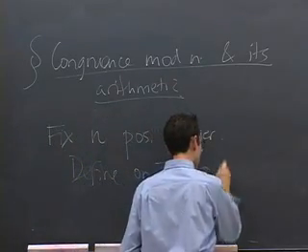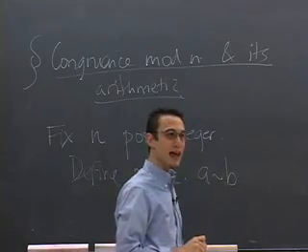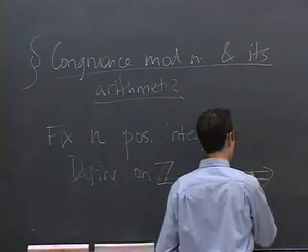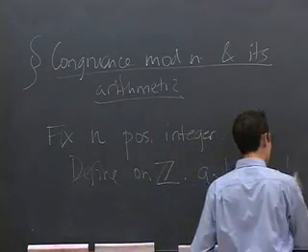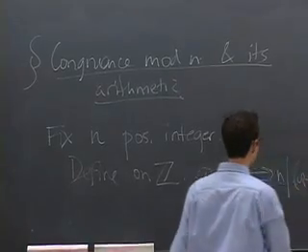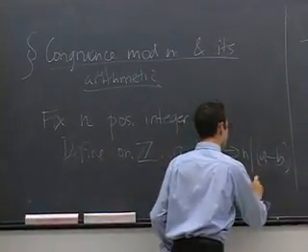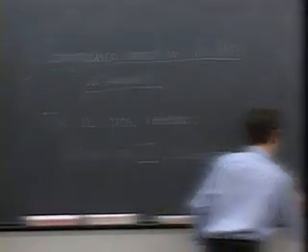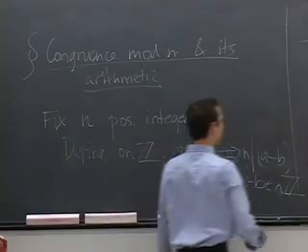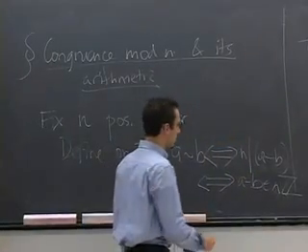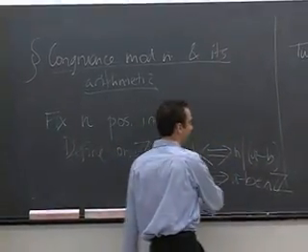The relation is going to be a is related to b if and only if n divides a minus b. Or, put another way, a minus b is in nZ, the subgroup nZ of the integers, which is just the set of multiples of n.